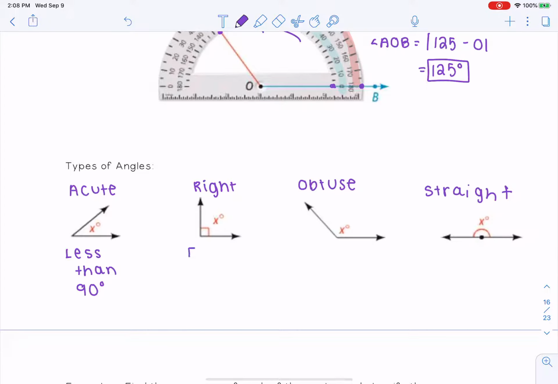Right angles are equal to 90 degrees. Obtuse angles are more than 90 degrees. And straight angles are equal to 180. And if you ever heard a ruler being called a straight angle, that's why. It's because it's a straight 180 degrees, so you can draw a line.